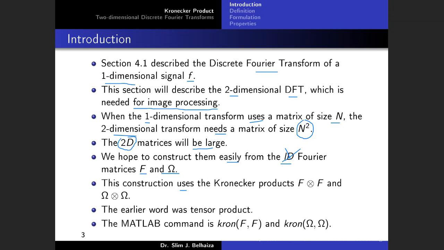It's usually noted here by F ⊗ F. And if you are using LaTeX, it's \otimes, the correct symbol for this, okay? And omega ⊗ omega. In fact, the earlier word for the Kronecker product was the tensor product. And the MATLAB command is kron, K-R-O-N, of the two matrices you are dealing with, okay?